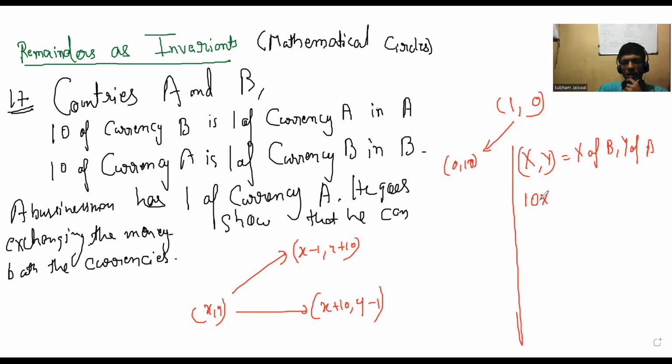So if you do 10 times of currency B, then you get 1 of currency A. Yeah, but you see, both the things are not simultaneously true. That's maybe a good way to say it, right?